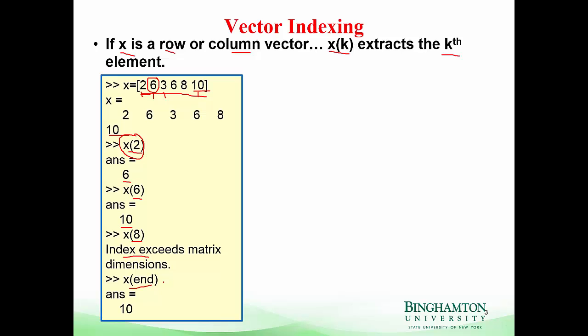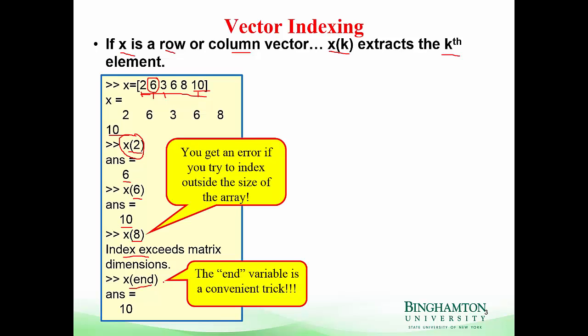A nice little thing here is this end variable. It's a built-in variable. You don't need to know how long the vector is. We could just say x of end, and it will extract the last one. So that's very handy. Although you could use the command length or size, which we talked about in a previous set of notes, to find out how long it is and use the result from that to extract the last one.